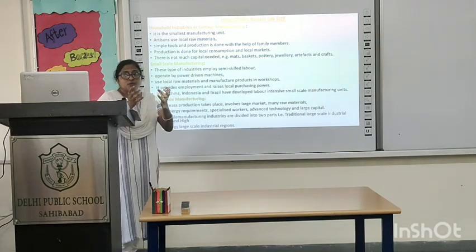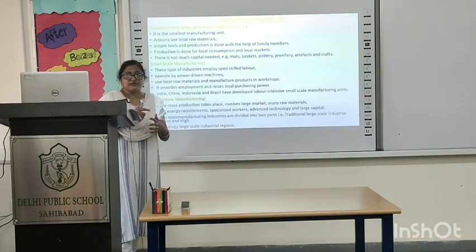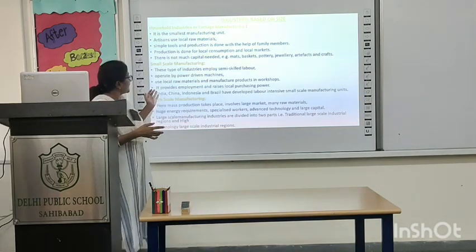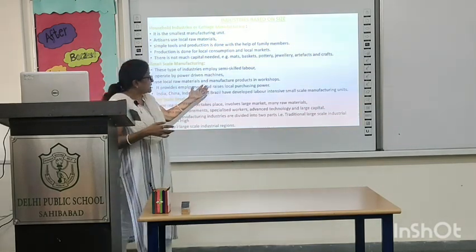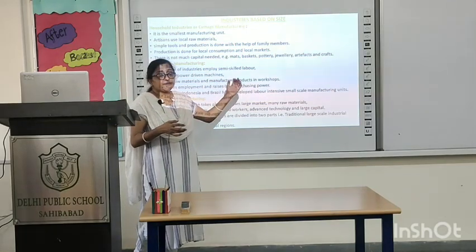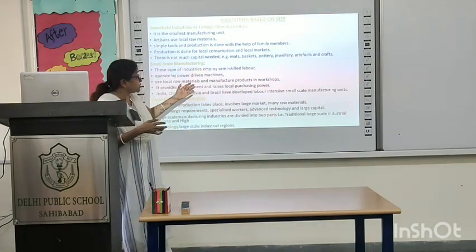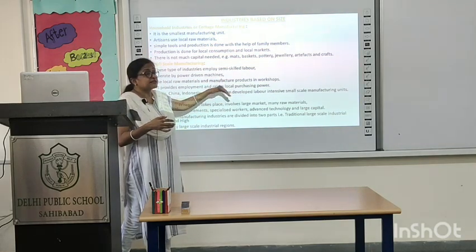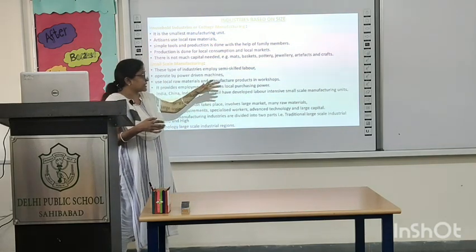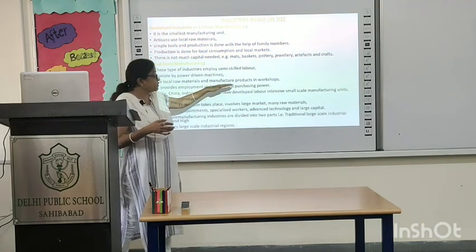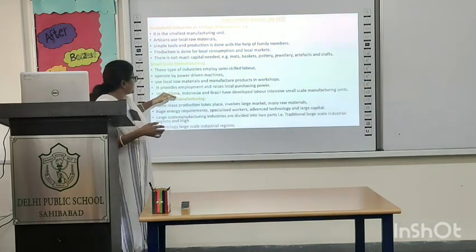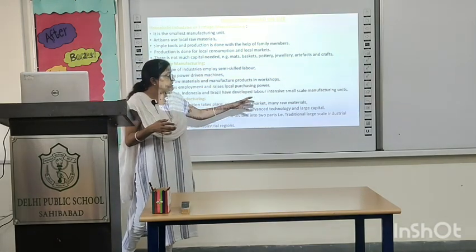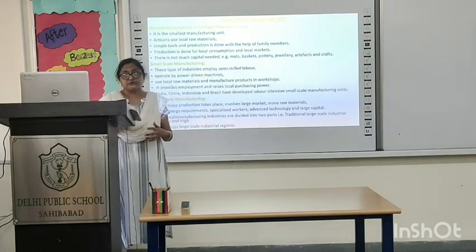They use local raw material and manufacture products in a workshop. It provides employment and raises local purchasing power, because the products made in these industries are sold in the nearby market. India, China, Indonesia and Brazil have developed labor-intensive small-scale manufacturing industries.